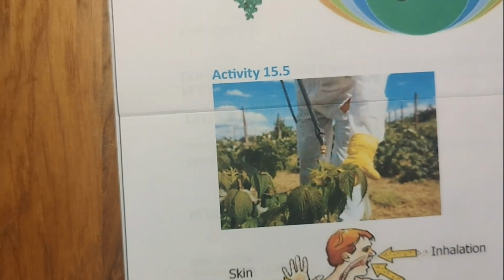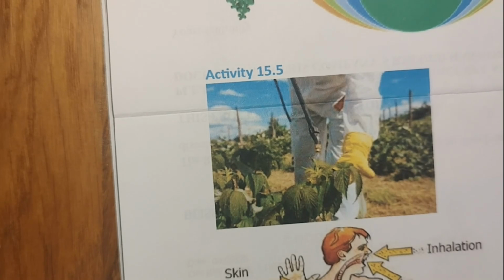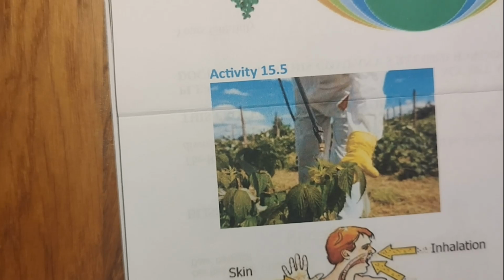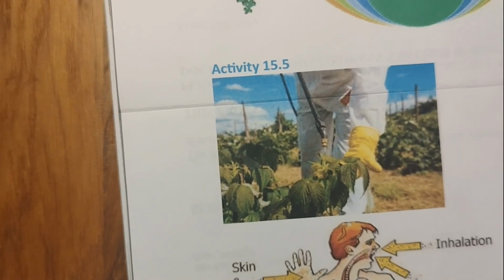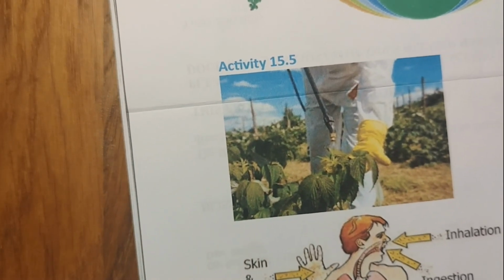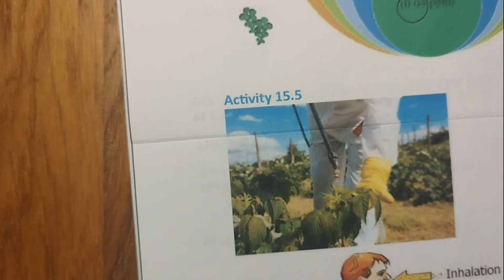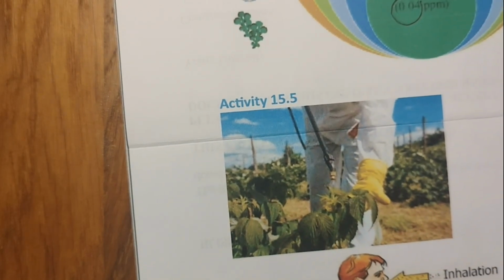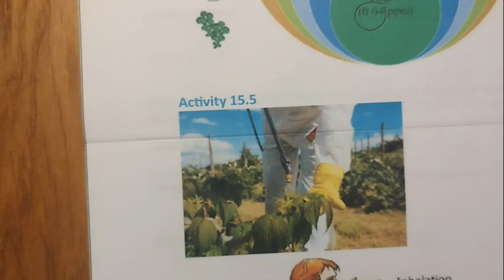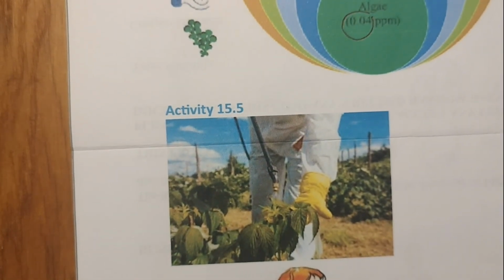Okay, so these are different routes of entry of the pesticides that can come to us through inhalation, through contact, or through consumption of the packed food. And we need to be aware of how much pesticide pollution is there in the food we eat.